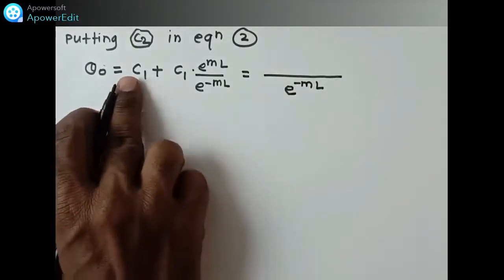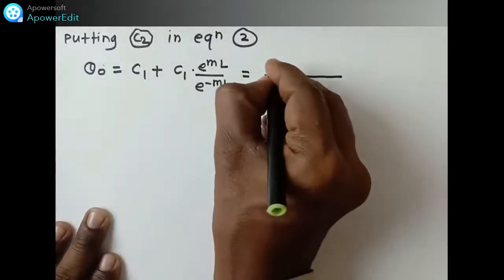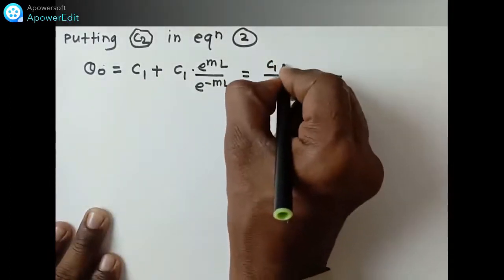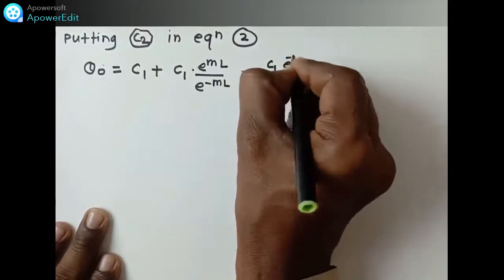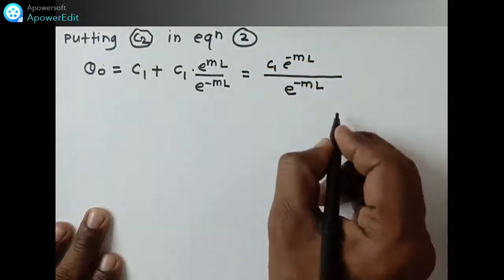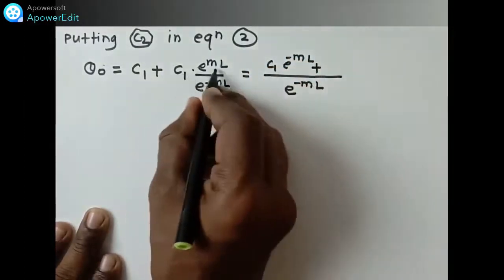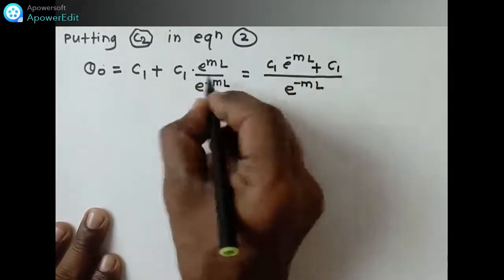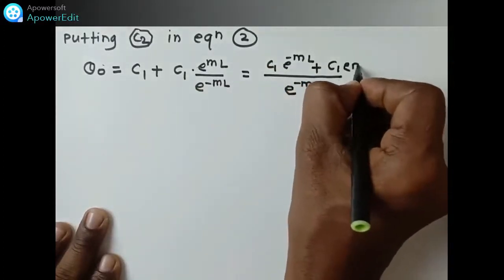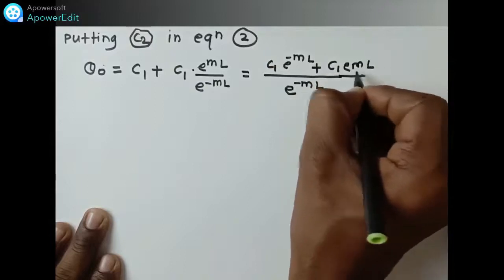Now the product of C1 and this term, C1 into e raised to minus ml, plus this term C1 into e raised to ml.